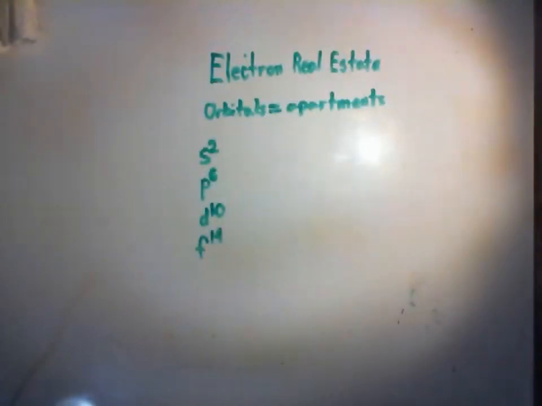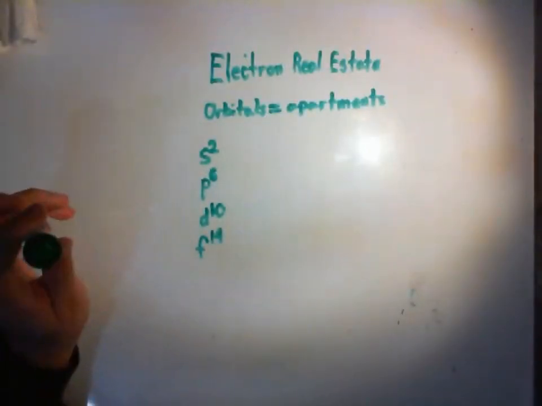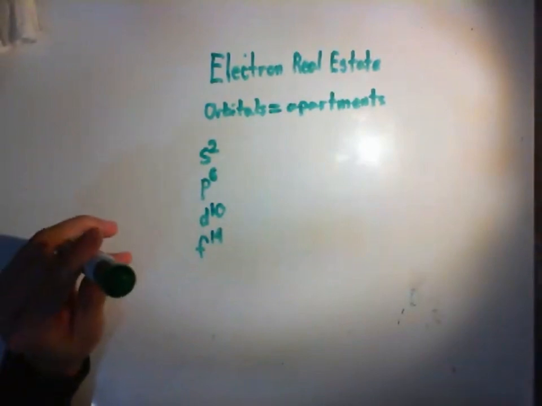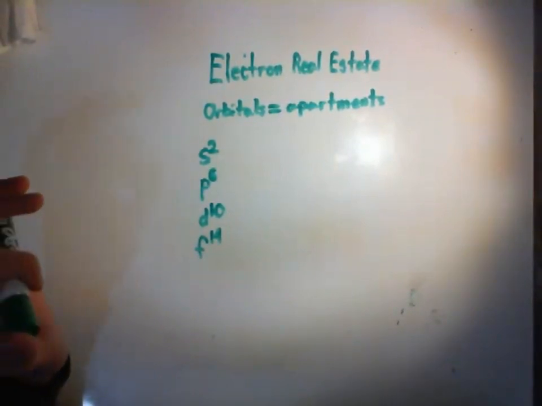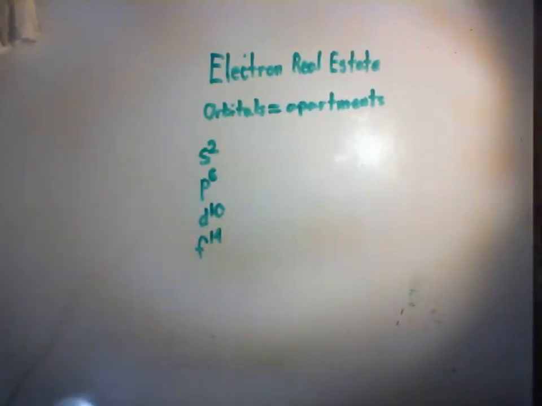Okay, this is basically what it'll be easier to understand in the molecular orbital diagrams. Let me give you an example of how a molecular orbital diagram is supposed to look like for sodium, as you can see here.